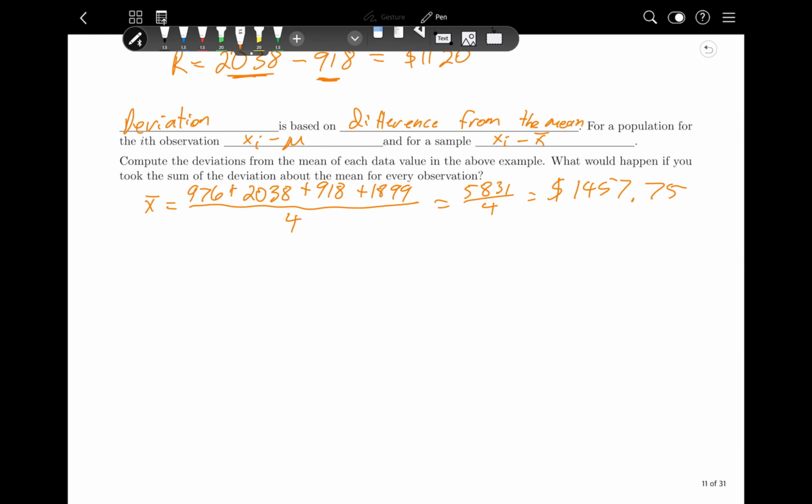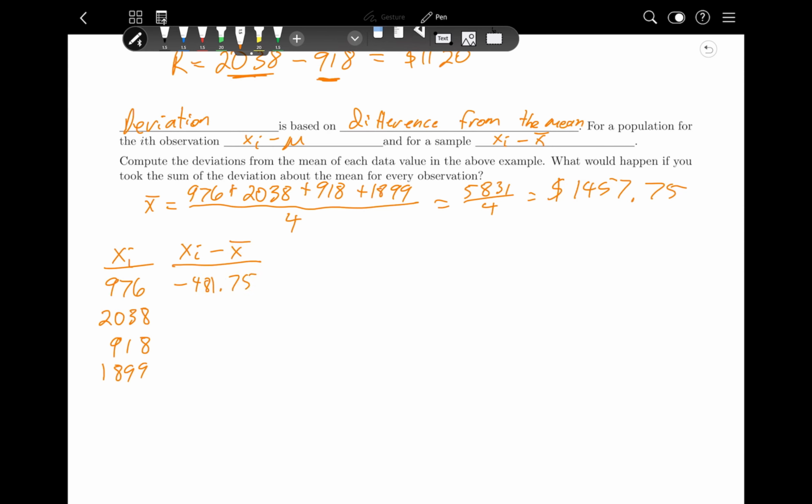To do that, we can list the data values. So here are my x sub i's: 976, 2,038, 918, and 1,899. Then we want to find x sub i minus x bar. So we take each one of these x sub i's minus our mean. We take 976 minus 1,457.75, and we get negative 481.75.